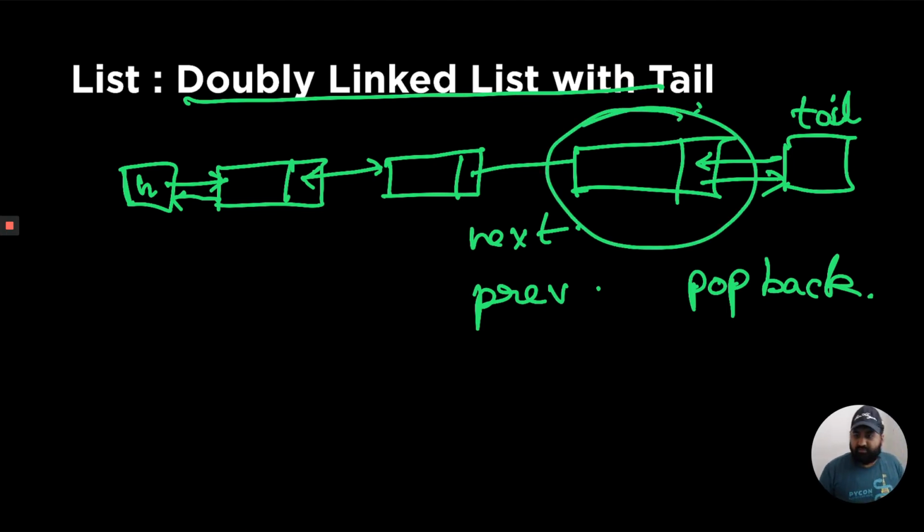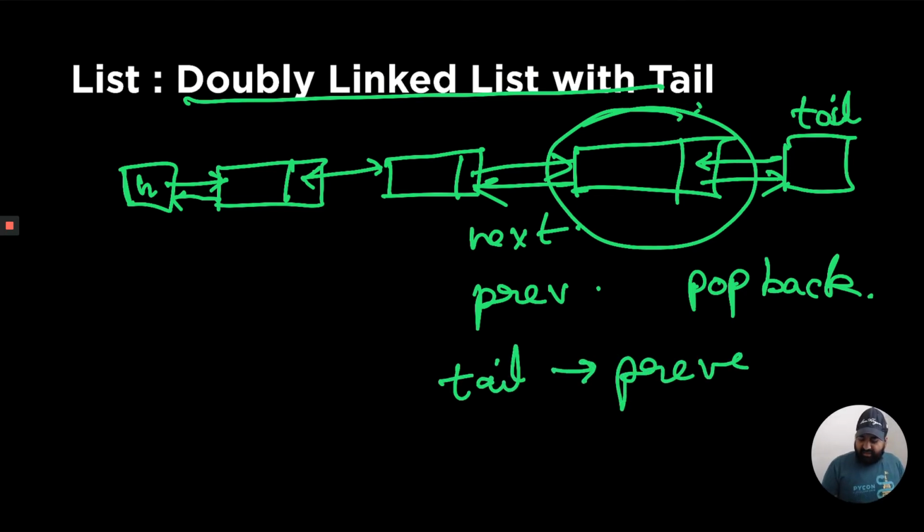We want to remove this particular node from the list. So how we can remove that is we have access to the tail. Now we can remove this particular node by going to tail's previous.